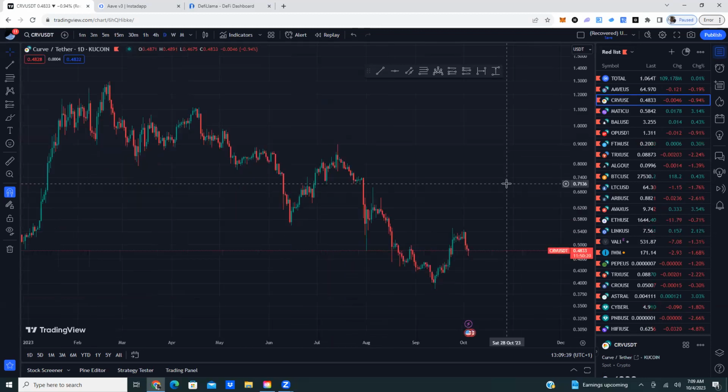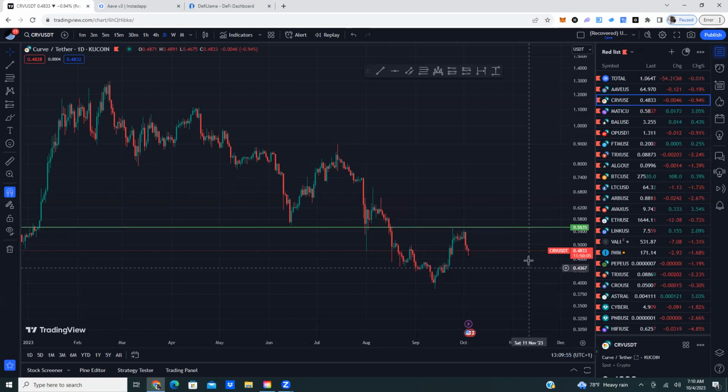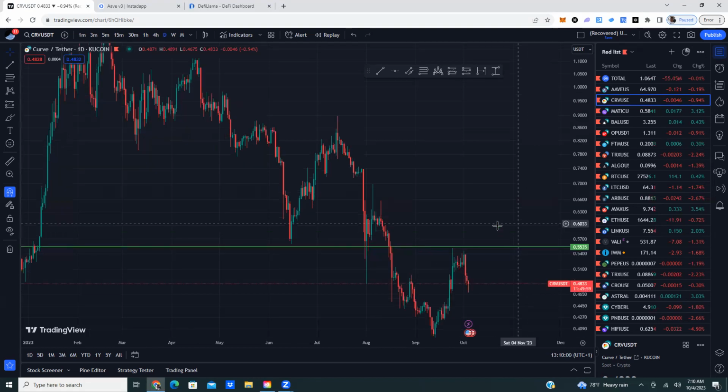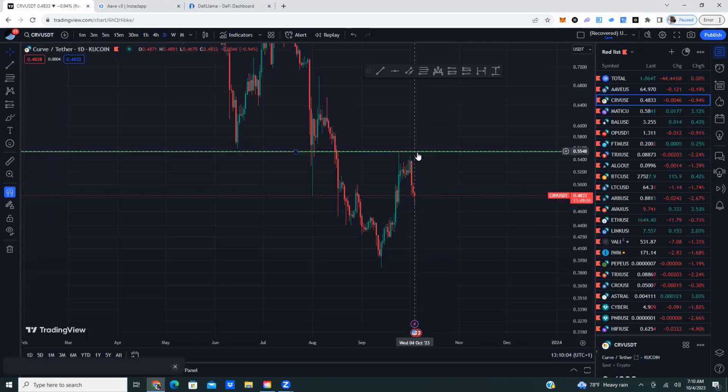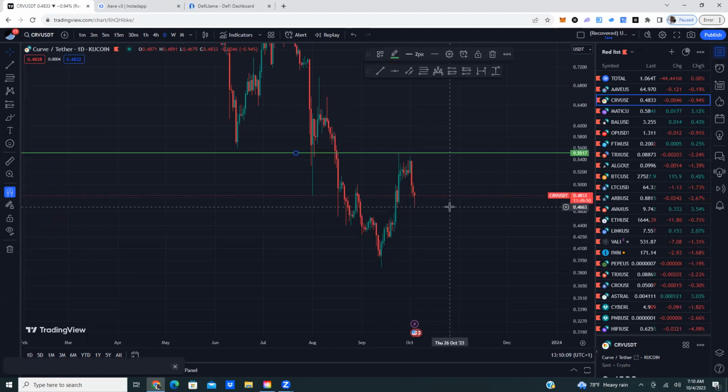Now, this is Curve's overall price. What you want to do is spot support and resistance on price. That's all you're going to be doing: spotting support and spotting resistance. So right now, let's open this up. There's a resistance there, and support is about here.